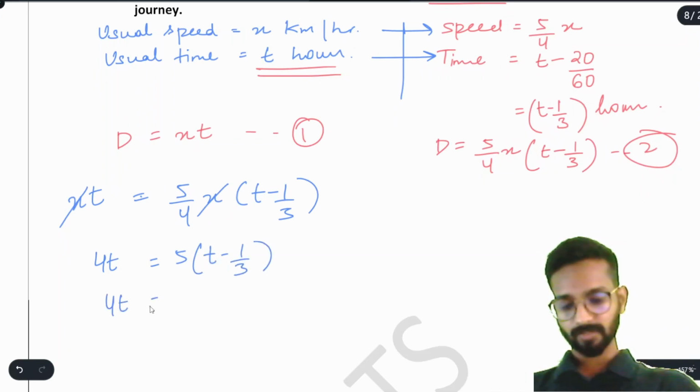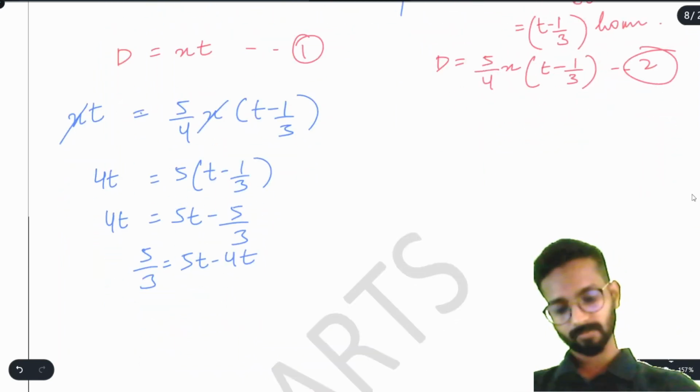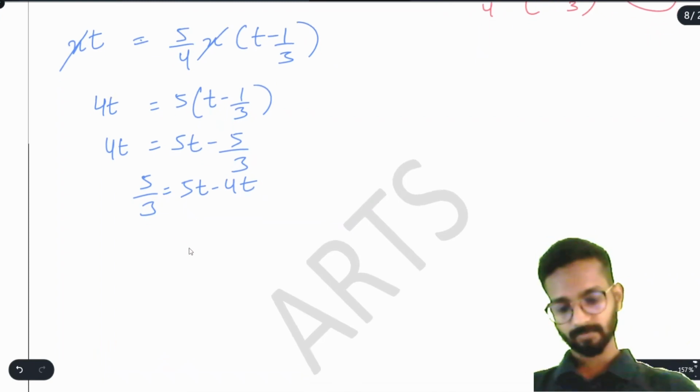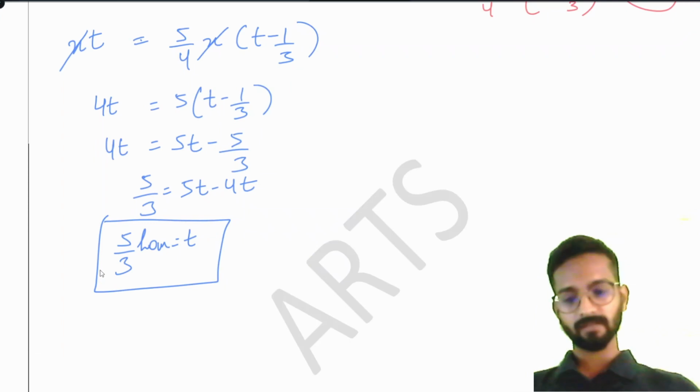So you can say 4t is equal to 5t minus 5 by 3. 5 by 3 this side, 5t minus 4t. So it will become t is equal to 5 by 3 hours.